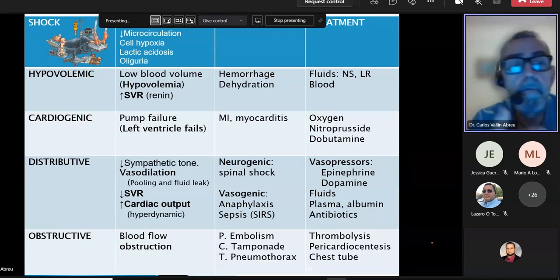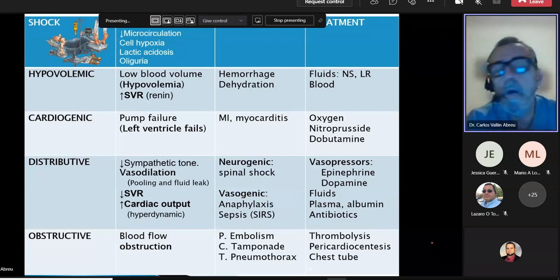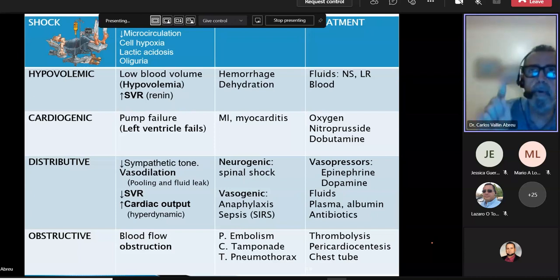When we're talking about shock in this condition, what is shock? Shock, very simple, guys. Shock is a blood pressure so low that the blood is not moving inside the arteries. And why must the blood move? Because blood needs to transport oxygen from the lung to all the tissues of the body.